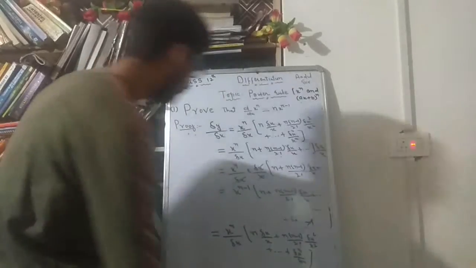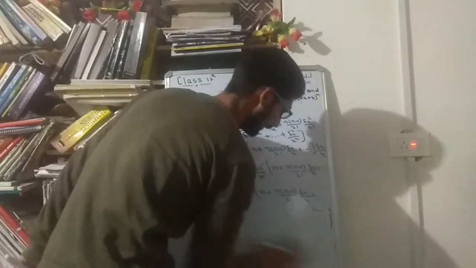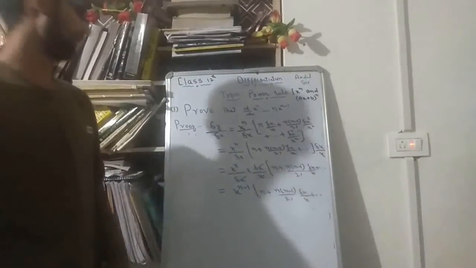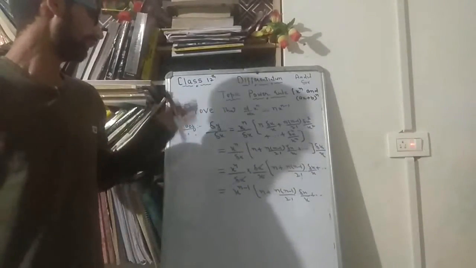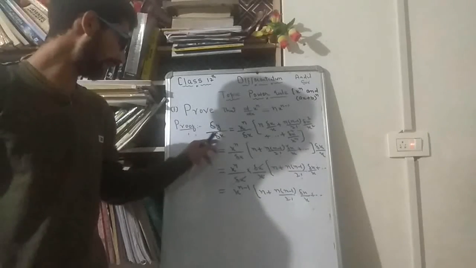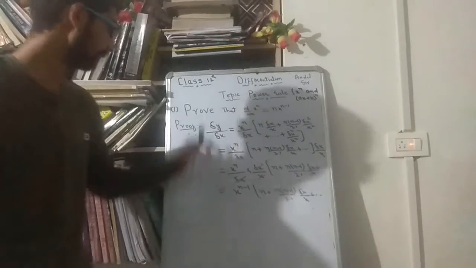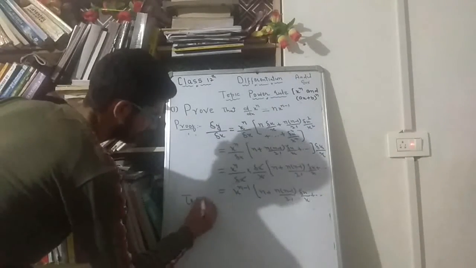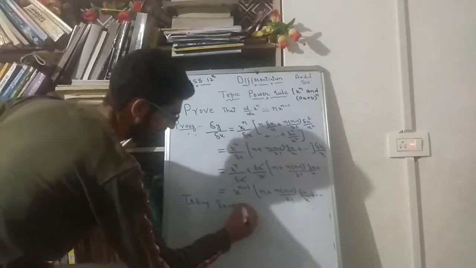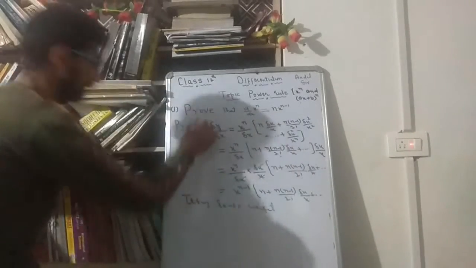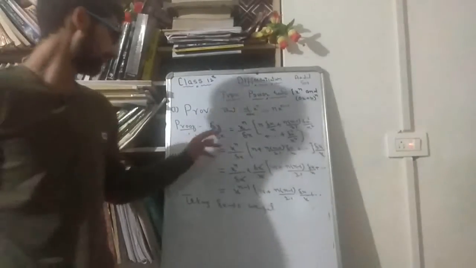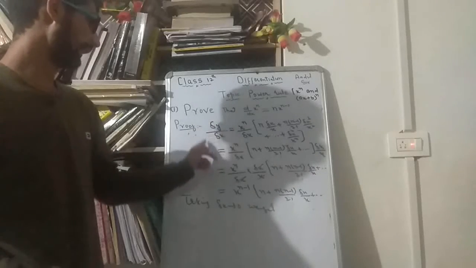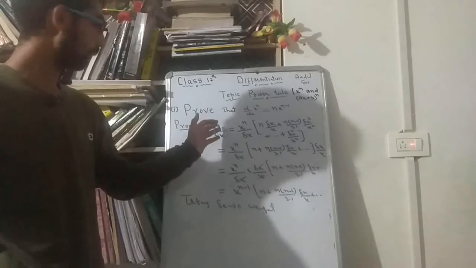Now the final step that we are following, from the method of delta, is to take the limit of this ratio as del x tends to 0. So we will take limit as del x tends to 0. When we approach this as 0, we know that this ratio of increments becomes the derivative of y with respect to x.